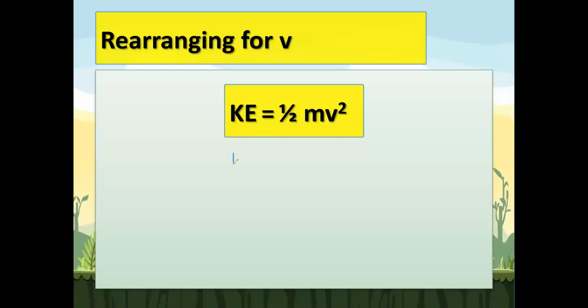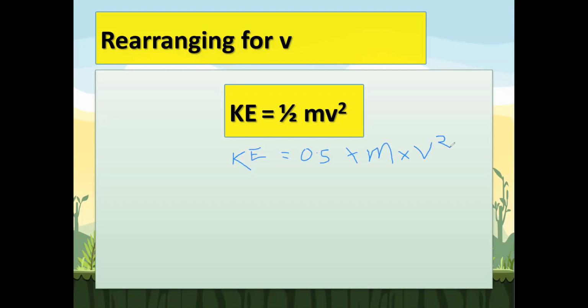We have our KE is equal to 0.5. I prefer using 0.5 because it's pretty straightforward. There's no fraction here. It makes it easier for you to do the calculations without any difficulties. So I prefer to use that one when I'm teaching.